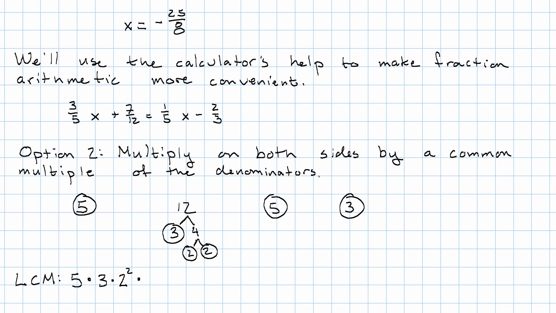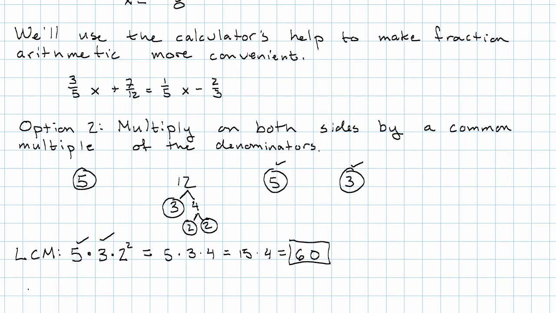And that's it. I already have a 5. I already have a 3. So working out this arithmetic, I'll have 5 times 3 times 4 is 15 times 4 is 60. I'm going to start by multiplying both sides by 60.